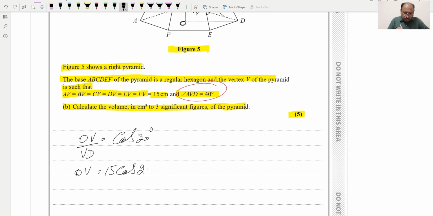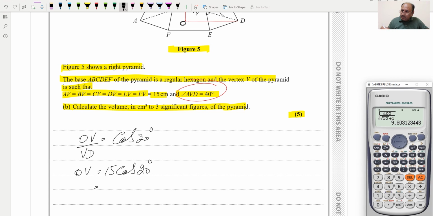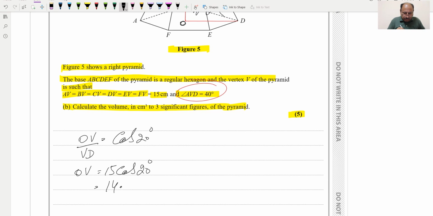So OV is 15 cos of 20 degrees, and the calculator should be in degree mode. That gives 14.095, this will be OV, and the length is in centimeters.